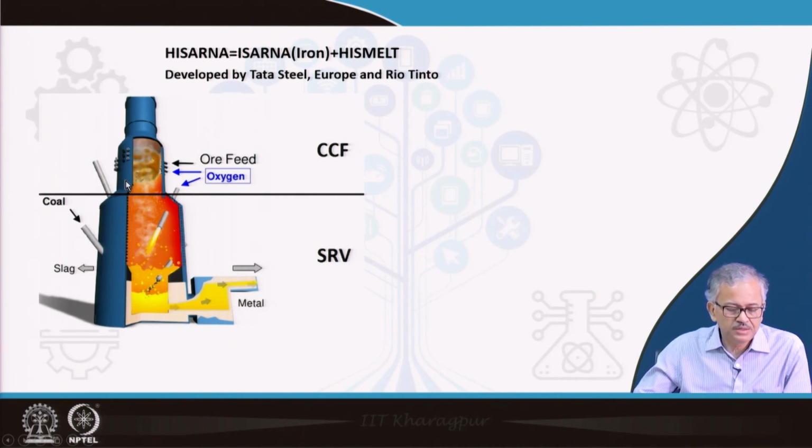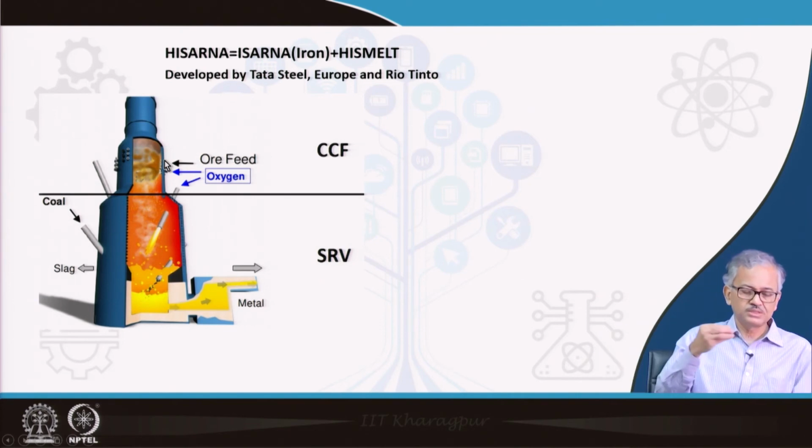You can see the reactor. You can see there is the neck. In this neck, you have a cyclone here, and here, basically similar to the smelting reduction vessel of the HIsmelt process, you can see coal is injected and the oxygen is charging and the slag is there. Only the iron ore feed is not given into the smelting reduction vessel. The iron ore feed directly comes into the cyclone.